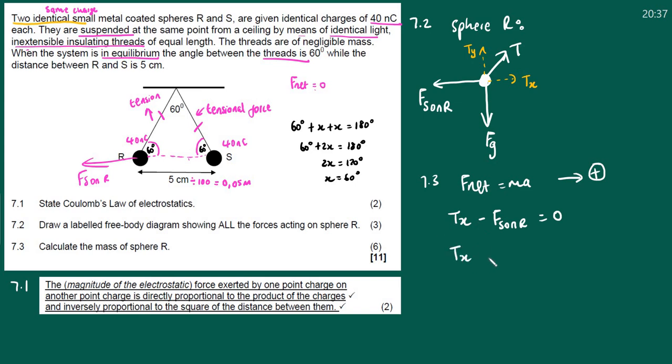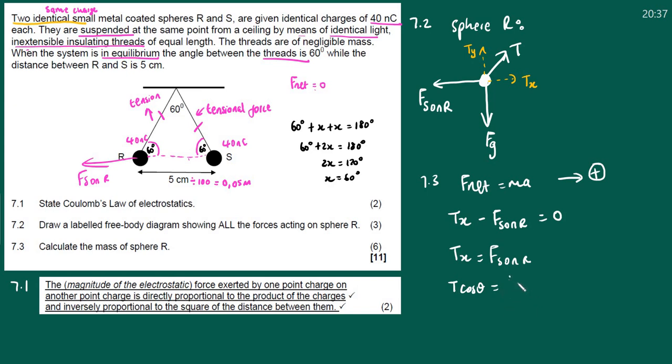That means Tx is equal to the force of S on R, and Tx is T cos theta, and this guy here is F. So the force of S on R is what we use. Let me write it like this.